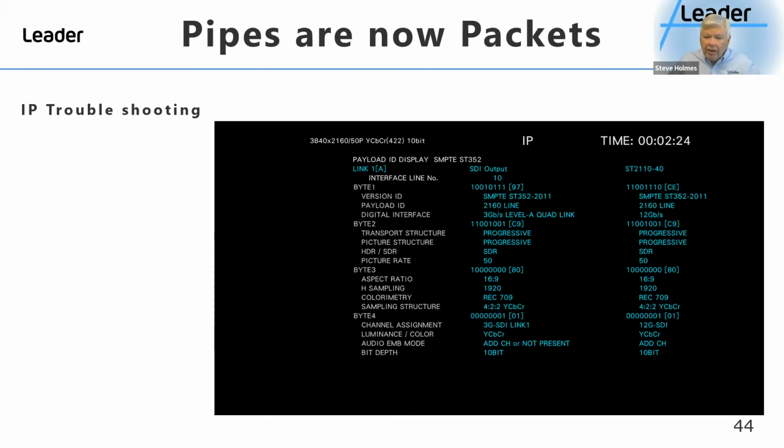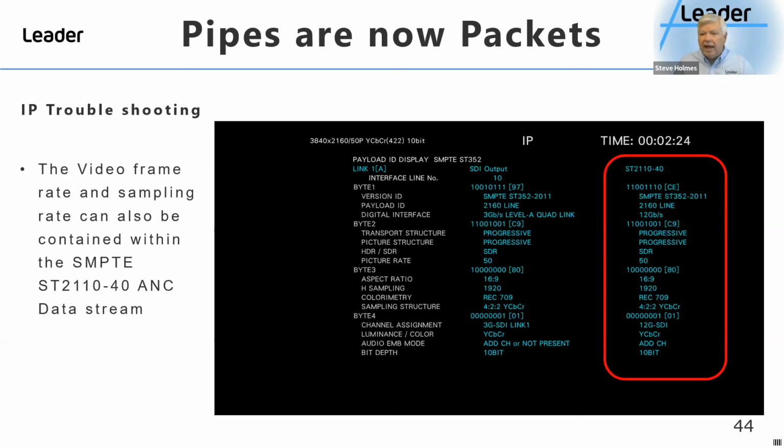So the VPID can be sent, and we can look at what's happening within the waveform monitor by looking at the -40 flow and pulling that data in. Or we can look at something called an STP file, which we'll talk about in just a little bit. There are a couple of different ways, but you have to make sure that they agree with each other and they're doing the same thing.